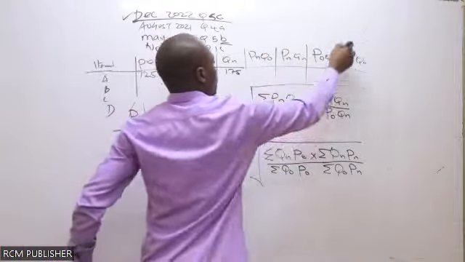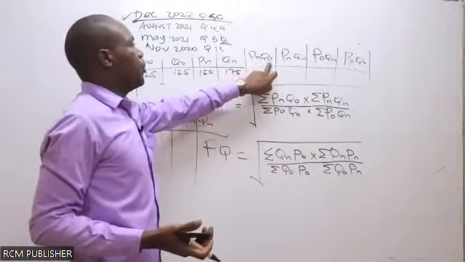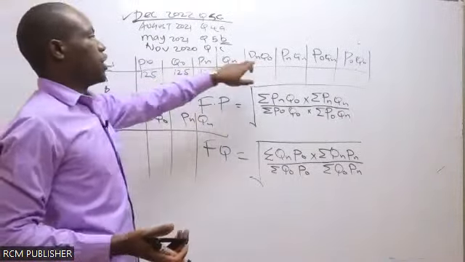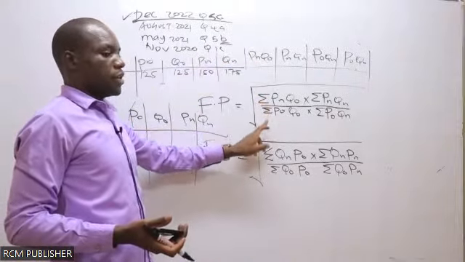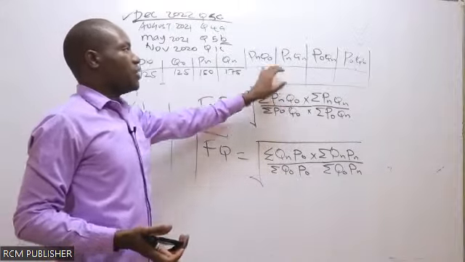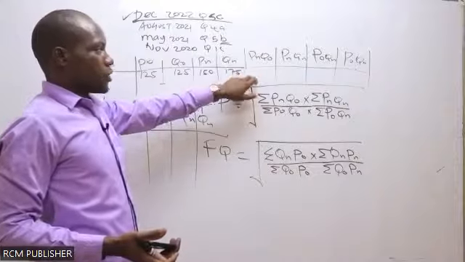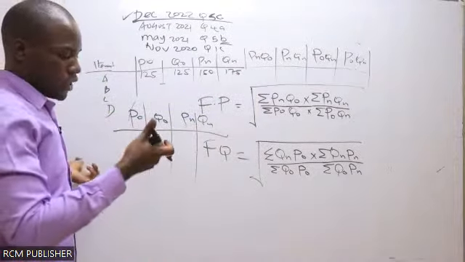So do you think just doing this is very difficult? Pn, Q0, here is the Pn, then Q0, this times this, you get the value. And then you get the summation, because here we have indicated the summation of the values that you're getting from this column. Summation of everything from that column. So that's what you need to do.